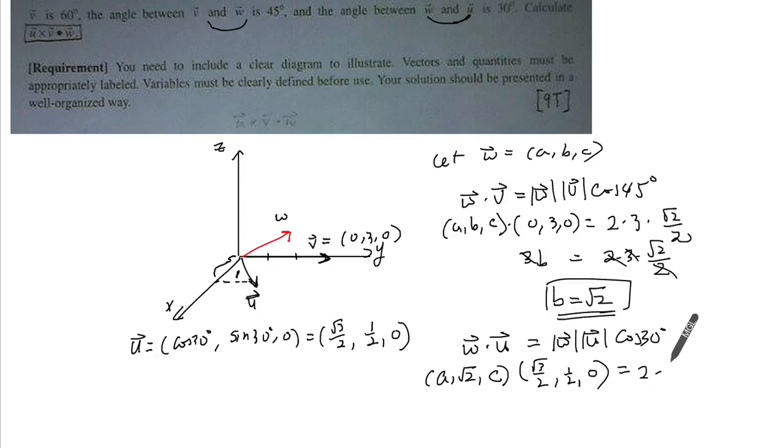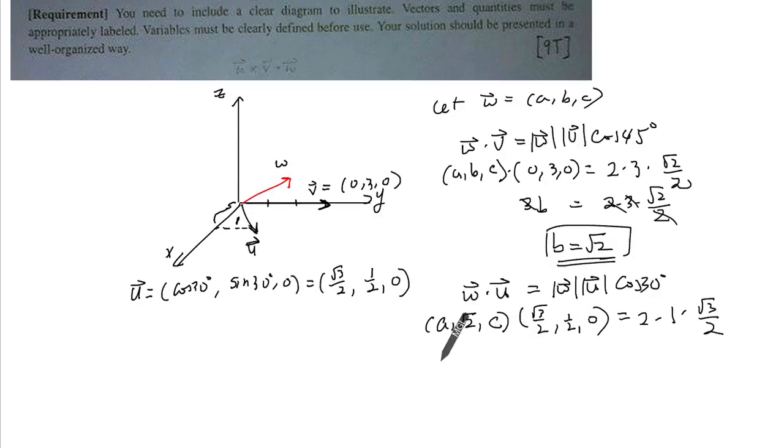W is 2, u is 1, and cosine of 30 is root 3 over 2. So we get root 3 over 2 a plus root 2 over 2 is equal to root 3.